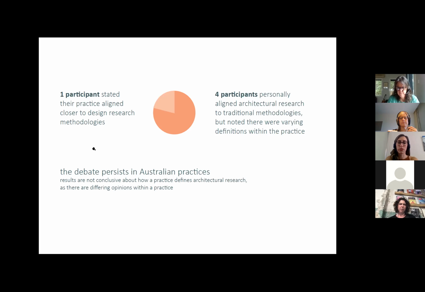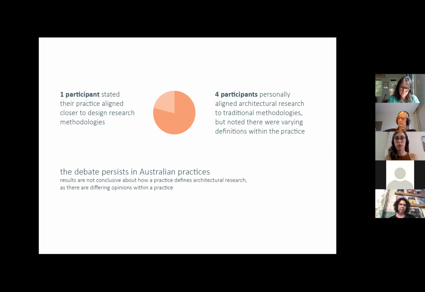So design research, I guess, is not necessarily the definition of research itself. All of the literature tended to agree that research was the production of new knowledge, but they differed on what kind of methodologies could get you there.